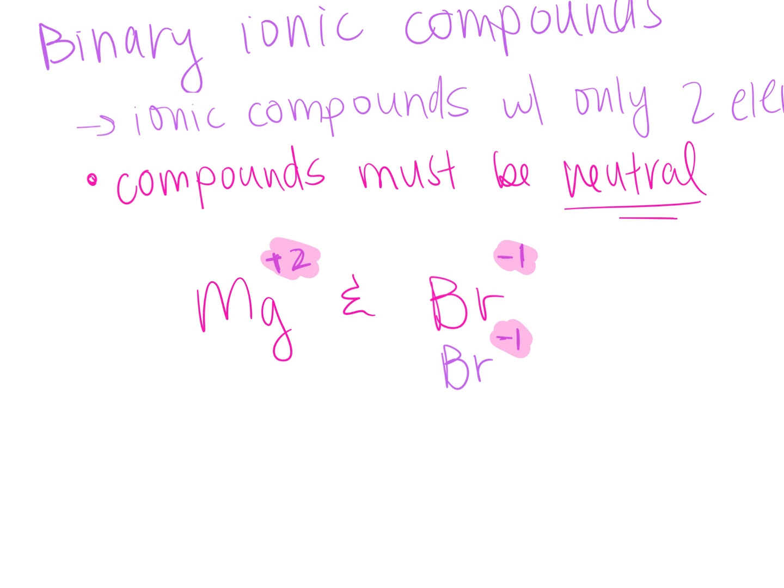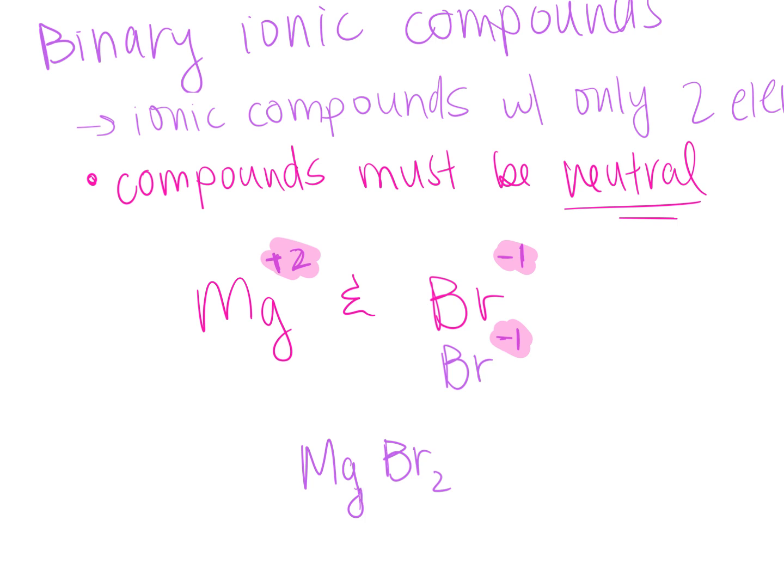So I build my formula to be Mg1Br2. You see how that comes together? I needed 2 bromines to cancel out the positive 2 charge of magnesium. Now, if there is a 1, do I have to write it? I don't. So I'm just going to get rid of that. It's just MgBr2.